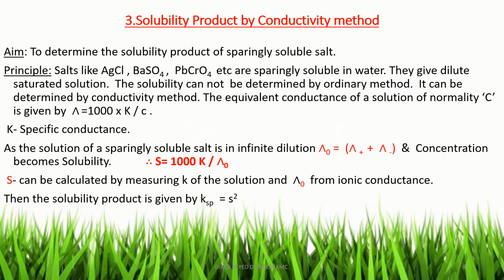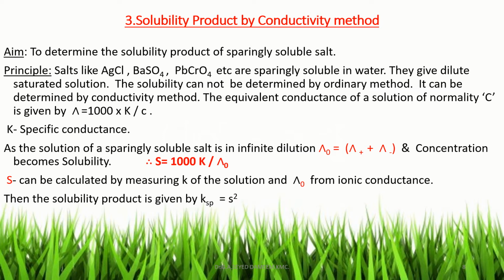The solubility of these salts is determined by conductance measurement. At infinite dilution, these salts give a concentration that is called solubility. That is, lambda 0 is equal to K into 1000 by S, where S is the solubility and lambda 0 is the equivalent conductance of these sparingly soluble salts at infinite dilution.